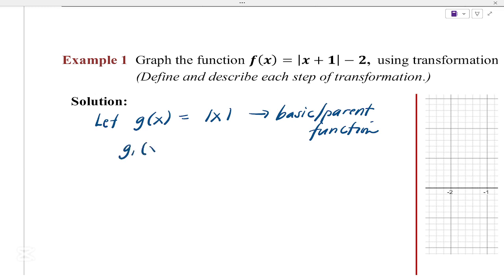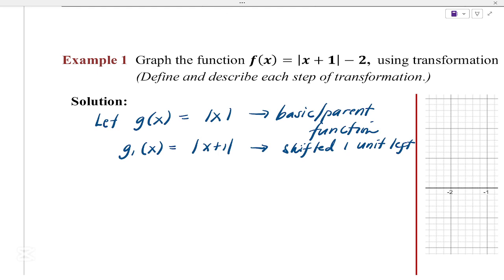So the new function is g of x equal to absolute value of x plus 1. So we replace x by x plus 1 to get this function. And the transformation is shifted 1 unit left.